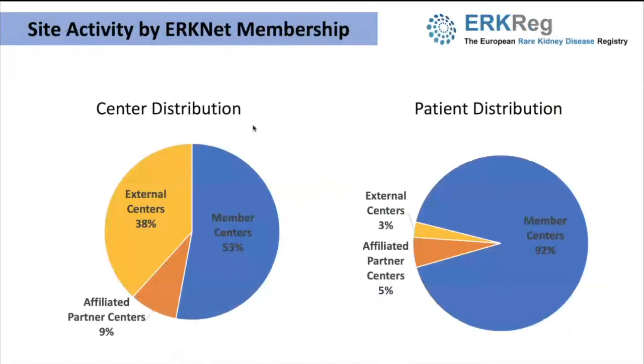So 38% of the centers that have signed up to the registry are actually not from ERKNet or affiliated partners. But these centers only very sporadically enter patients. So they are 38% of the centers, but only 3% of the patients come from these external centers, and 92% of the patients in the registry are actually from the member centers.